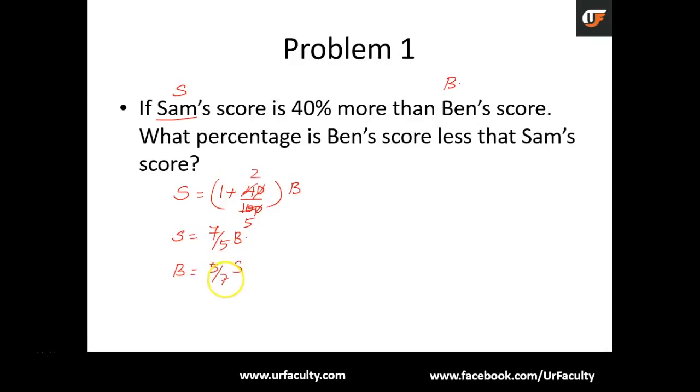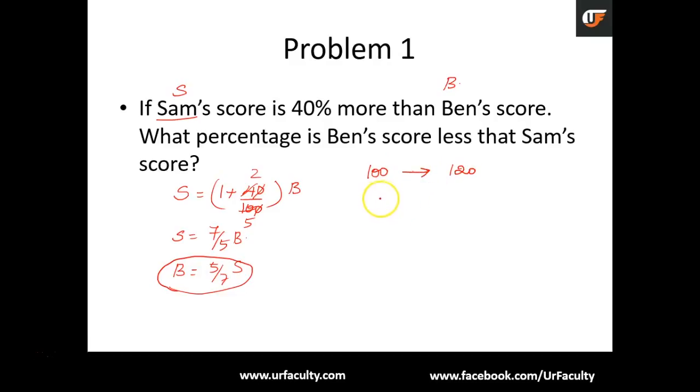Now, before getting into solving this expression to get a percentage, let me try and explain to you what this expression means. This expression means that if a particular value was 100 and it became 120, what is the percentage increase?